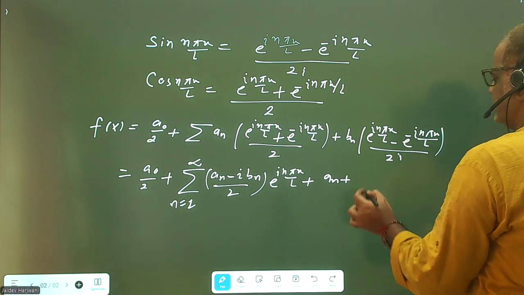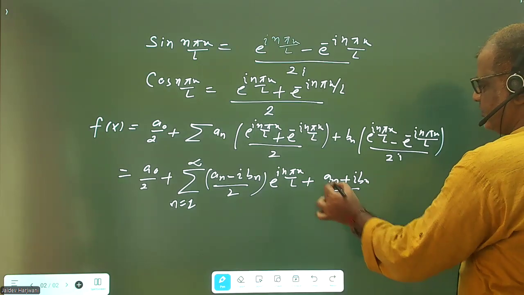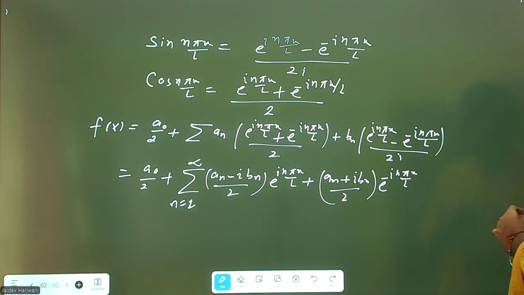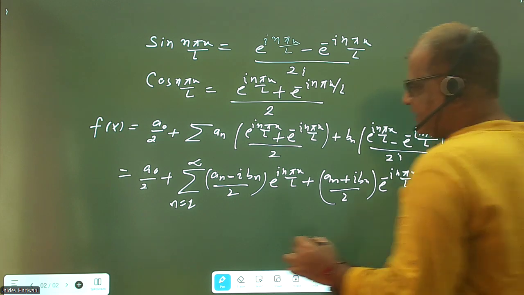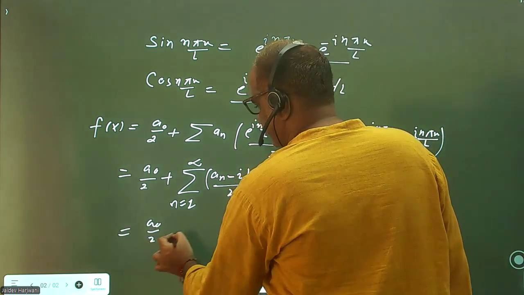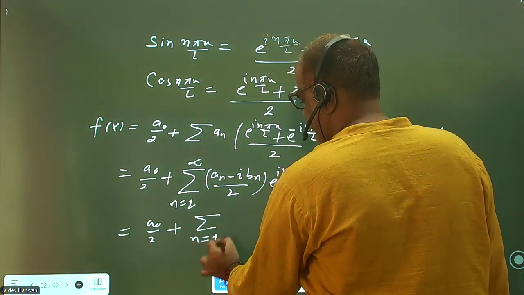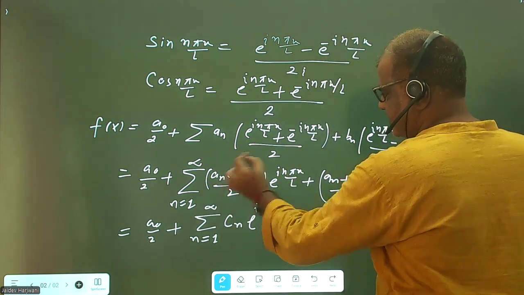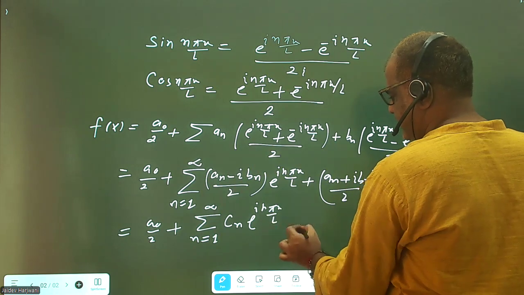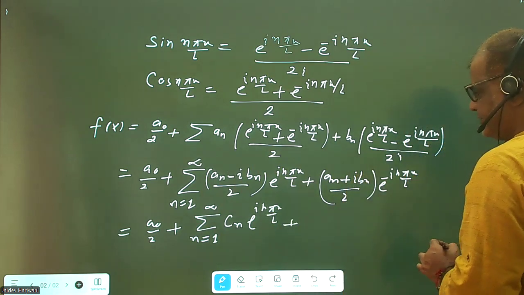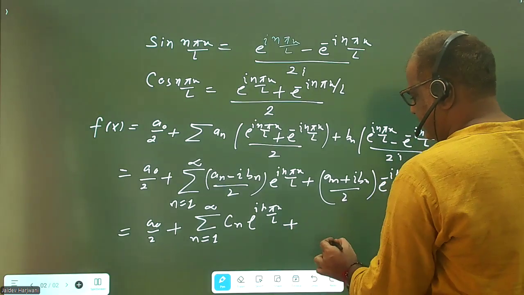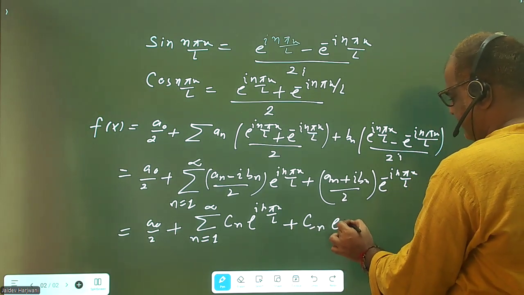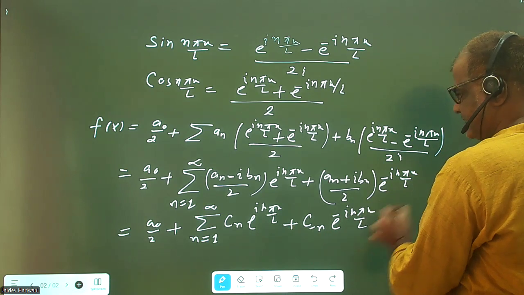So an plus iota bn upon 2 times e power minus iota n pi x upon L. Now I write this as a0 by 2 plus the sum from n equal to 1 to infinity, I write this coefficient as cn times e power iota n pi x by L, and this coefficient I represent by c minus n, times e power minus iota n pi x upon L.